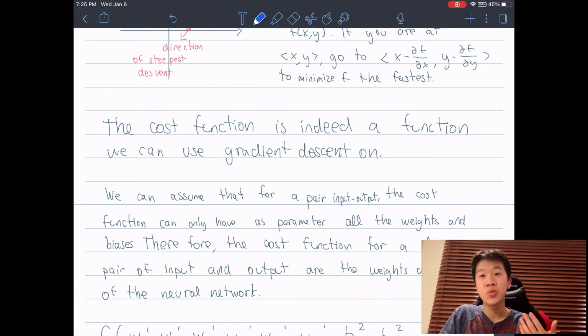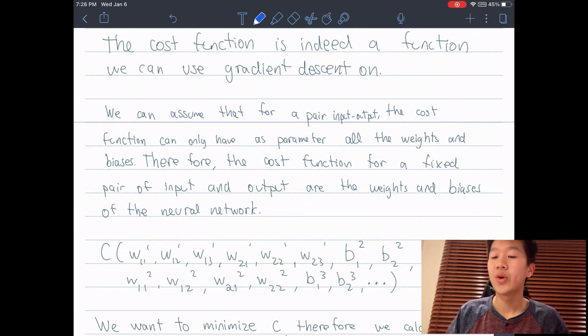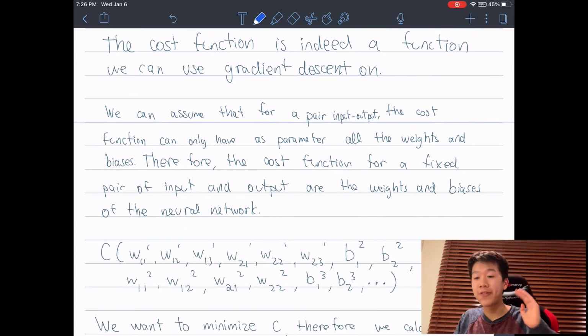That means we can use gradient descent and minimize the value of the cost, which is exactly what we want. So we can assume that if we have a fixed pair of input and output, for example, I give 1, 0 and I expect to have a 1, like the XOR problem, and I have a pair 1, 1 and I expect to get a 0, then this counts as a pair.